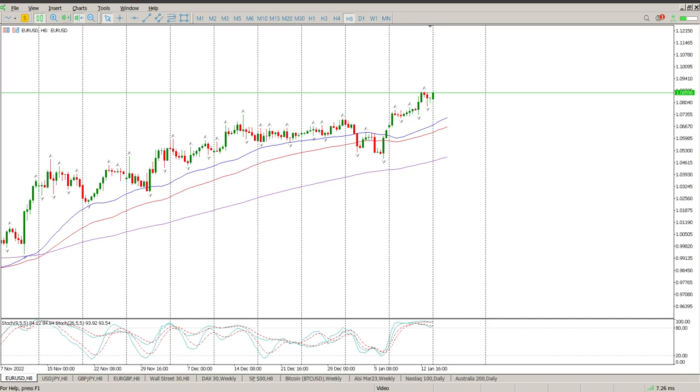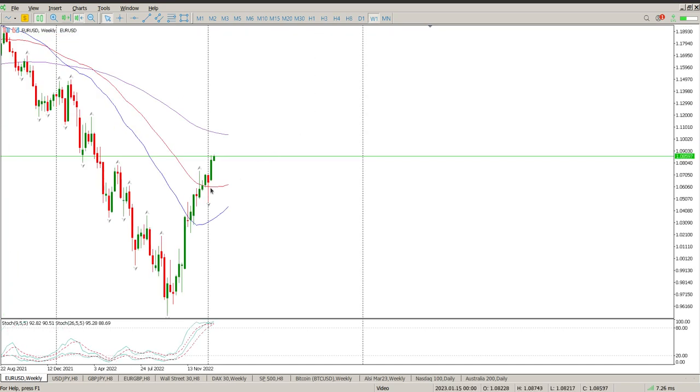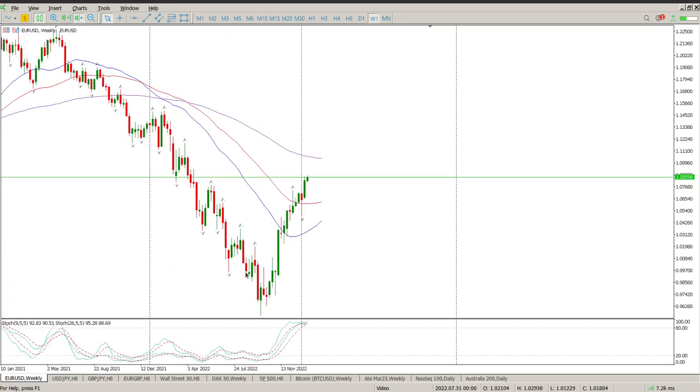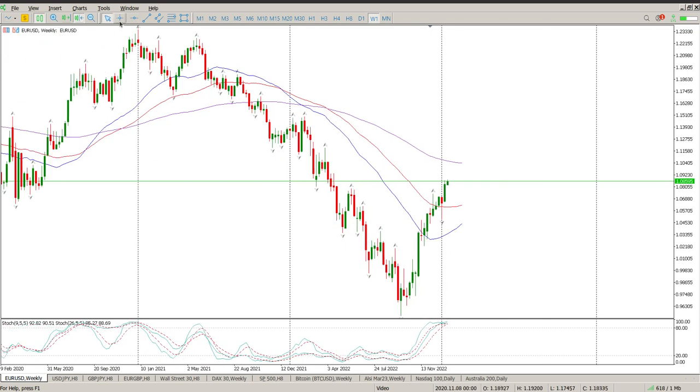So starting off with Euro USD as usual, and we had a pretty solid week. If we just look at last week's bar, we had a pretty solid week. We are extremely overextended on the weekly, and we're still, for all intents and purposes, below the moving averages, but we have broken through a couple of trend lines. There is another trend line coming up.